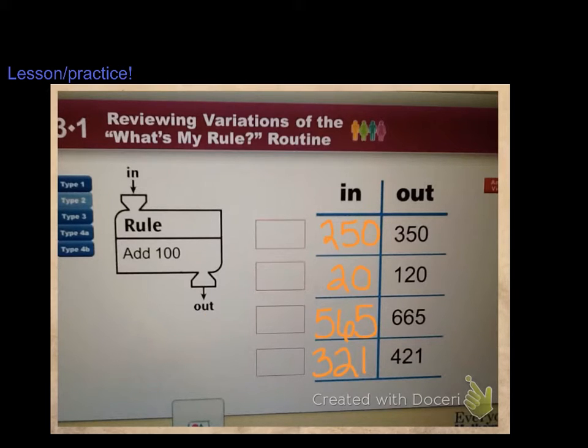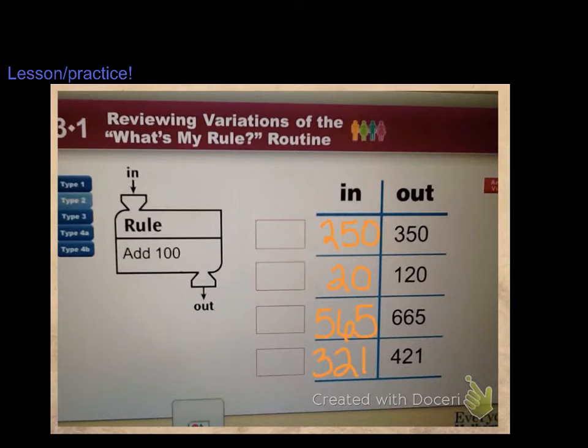Okay, so as we look down at the third spot, we've got 665 coming out. If we subtract 100, that means we started with 565. And then we check ourselves by adding 100 to 565, and we do get 665. So that one is correct.